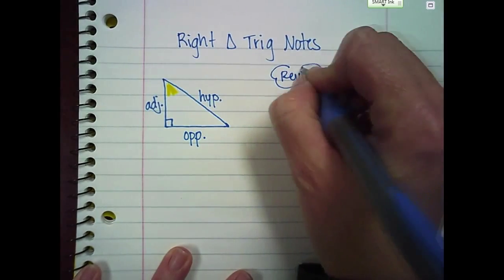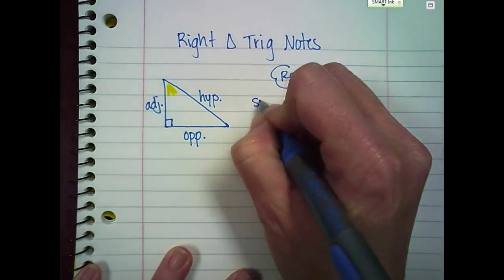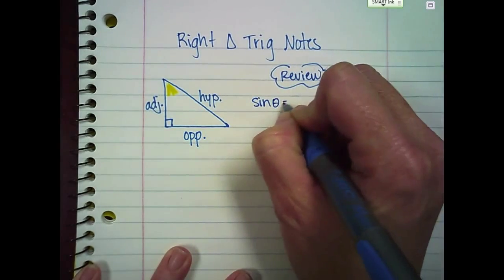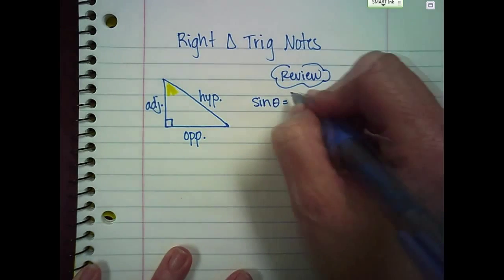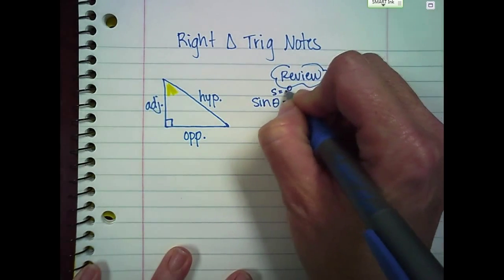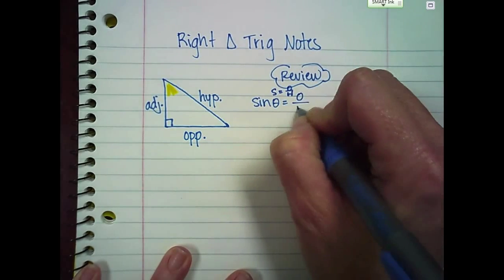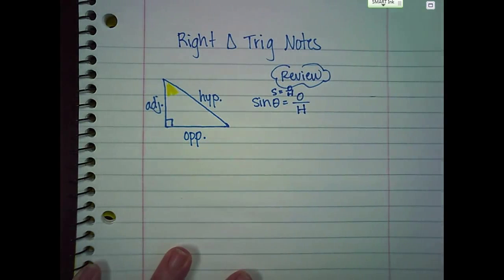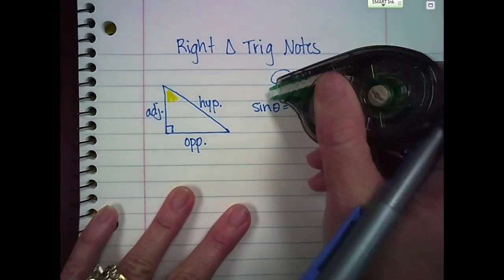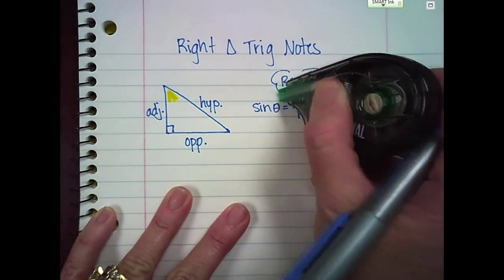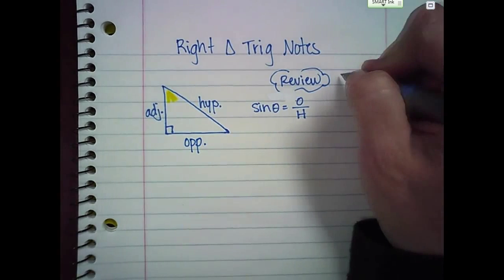The other part that's review, and I just kind of already said this, but I'll talk about it again, is SOHCAHTOA. Remember, if I tell you sine of an angle, sine is opposite over hypotenuse, right? So we wrote it as SOHCAHTOA.